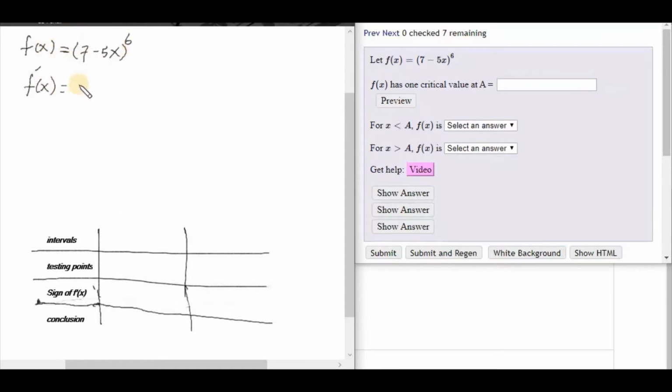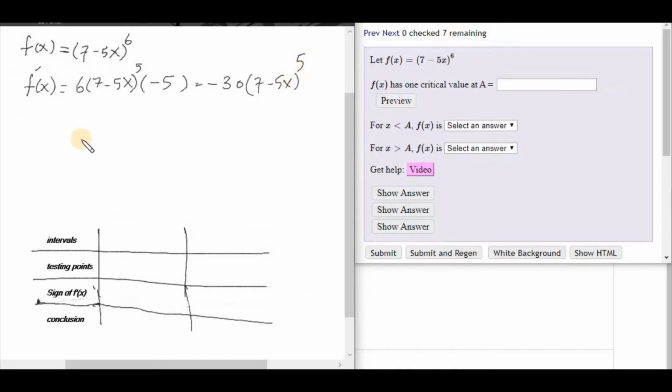So we have to bring the power down, so 6, and then keep the parentheses as they are, and then 6 minus 1 is 5 times the derivative of what's inside the parentheses. And then the derivative of what's inside the parentheses is 0 minus 5, which is negative 5. So the final answer for the derivative is negative 30 times 7 minus 5x all to the fifth power.